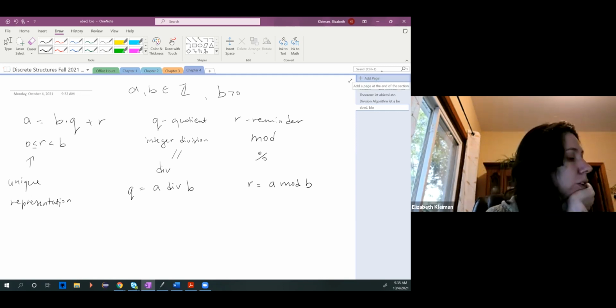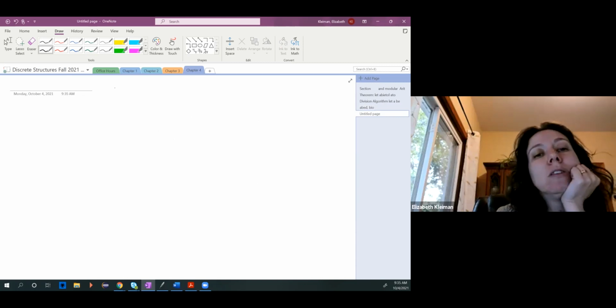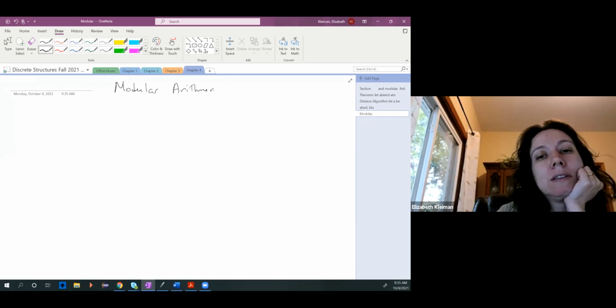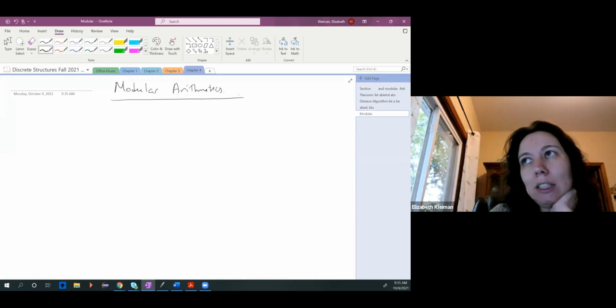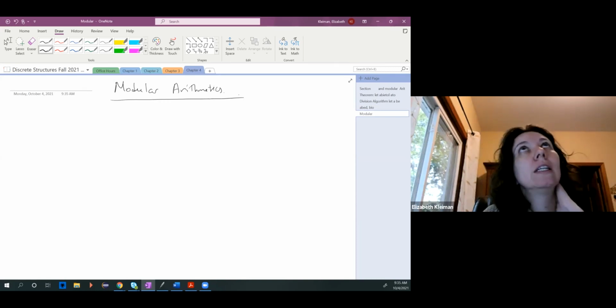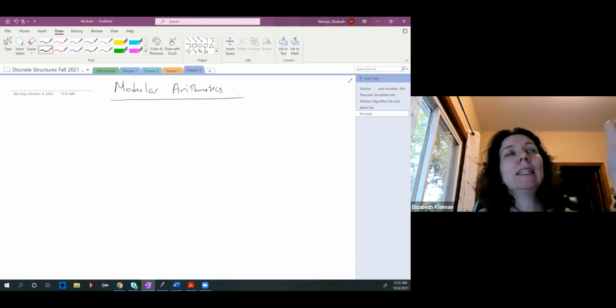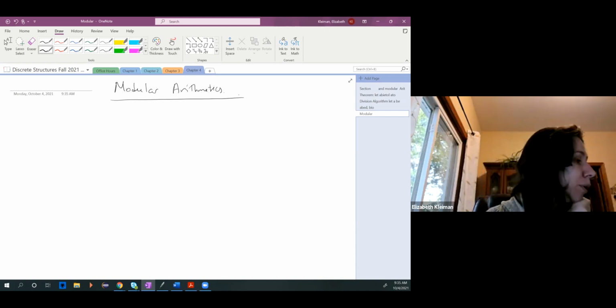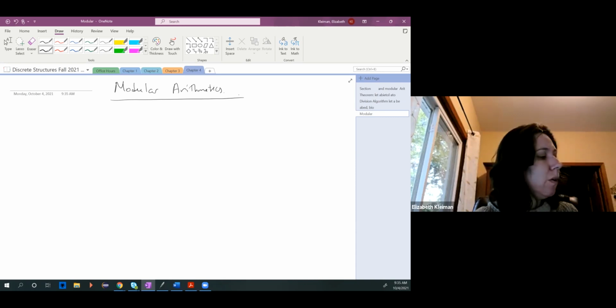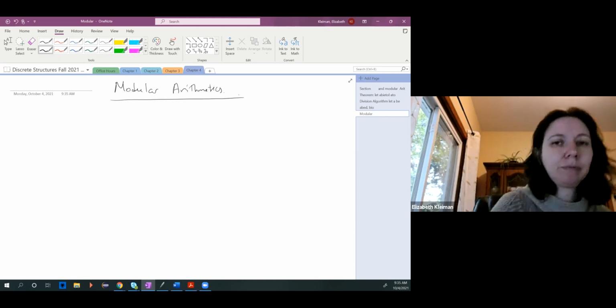Today we're going to talk about so-called modular arithmetic. Modular arithmetic is used a lot in computer security, and it has tons of interesting properties. So let's define a couple of things.